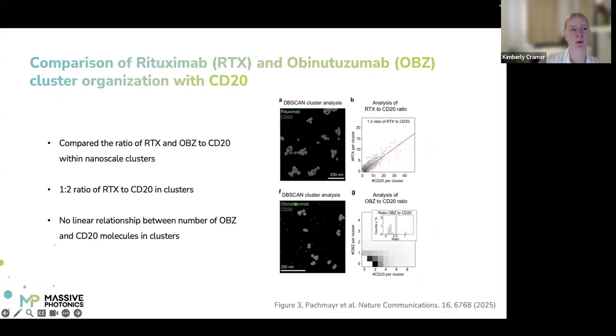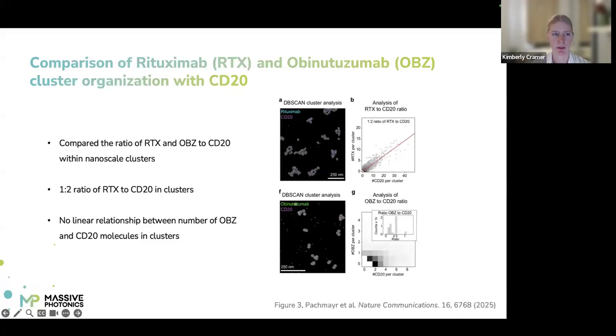They looked at the clusters of the monoclonal antibodies along with the drugs using a cluster analysis program. Here they used DBSCAN, which is commonly used, and they were able to compare the ratio of rituximab and obinutuzumab to CD20 within the nanoscale clusters.